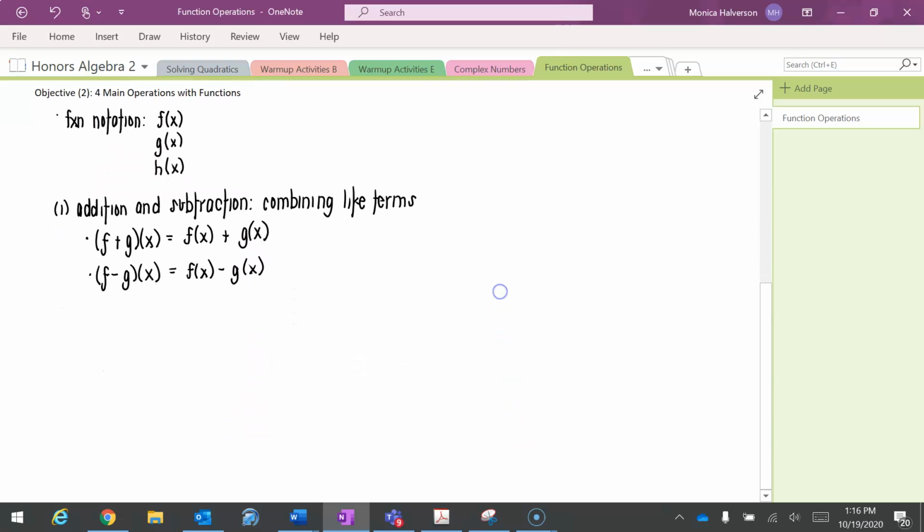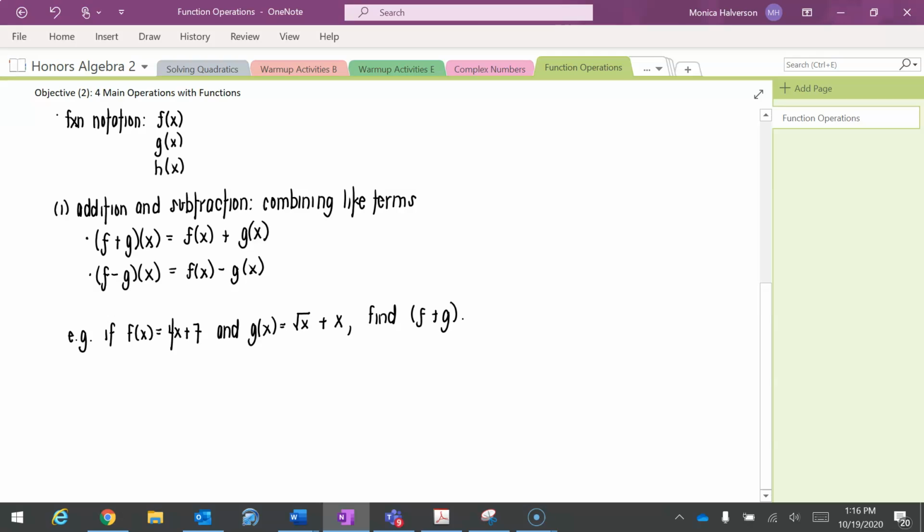Okay? So let's look at our first example. Let's say it said if f of x is equal to 4x plus 7 and g of x is equal to the square root of x plus x, find f plus g.